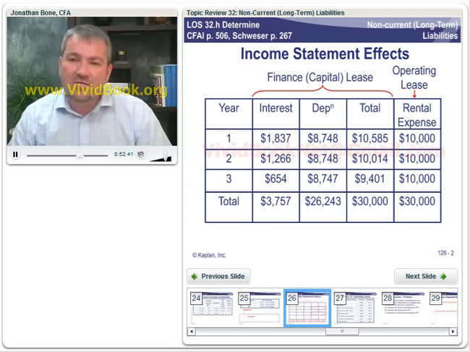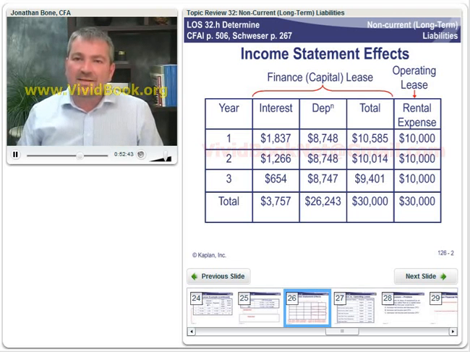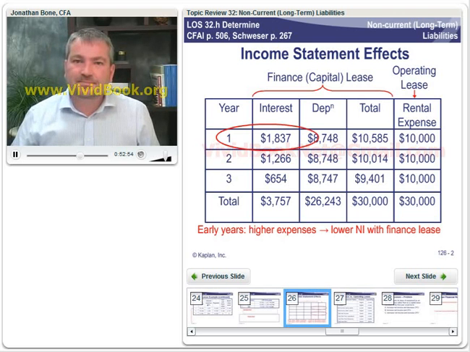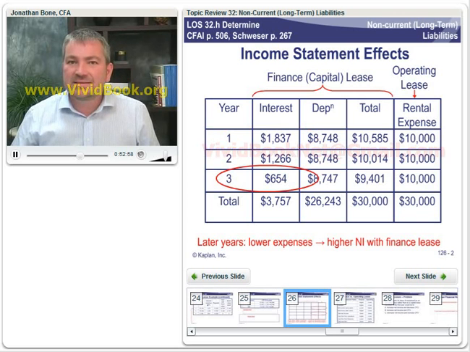But over the life, the total amount is the same, 30,000. With a capital lease split between interest and depreciation, with an operating lease all treated as a rental expense. So again, notice earlier years, higher expenses, later years, lower expenses. Why? As the interest element declines, as the liability gets paid off in the balance sheet.